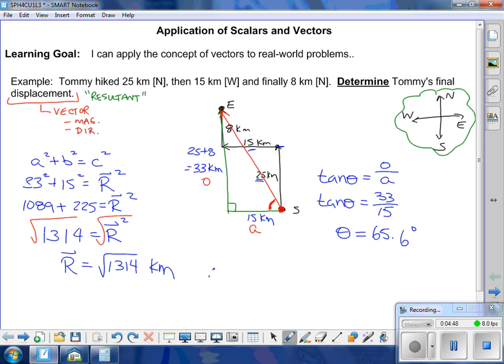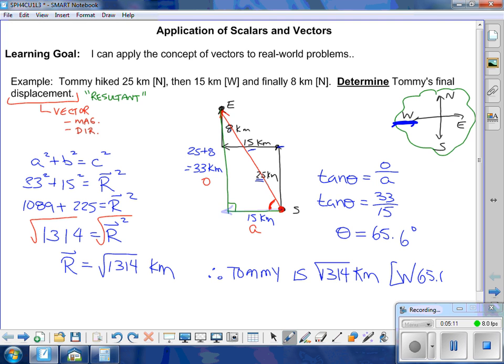So therefore, Tommy's displacement is the square root of 1314 kilometers. Now his direction. Here's the starting point. We went this way, which is west.